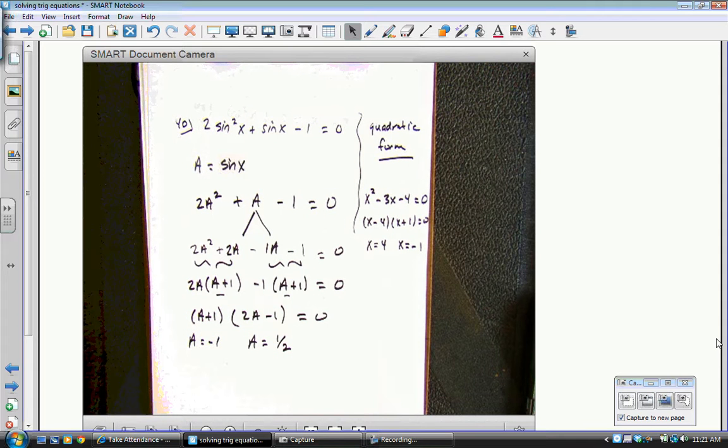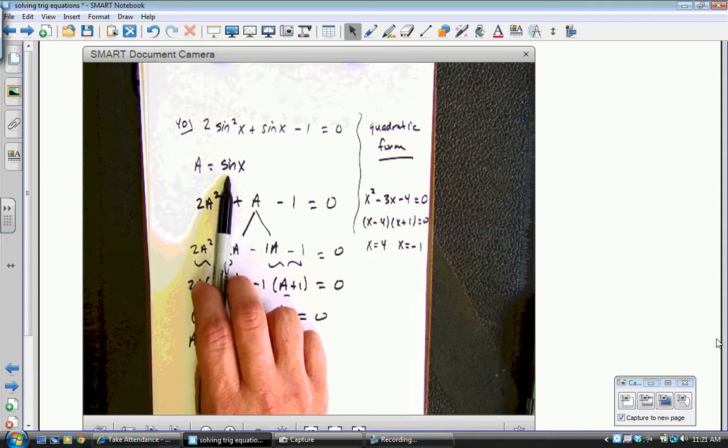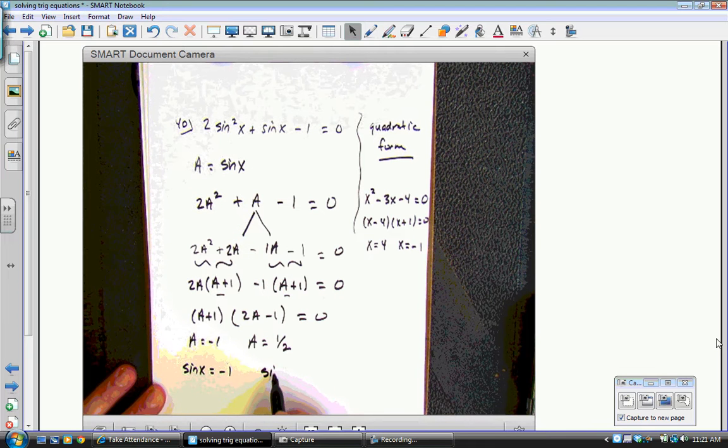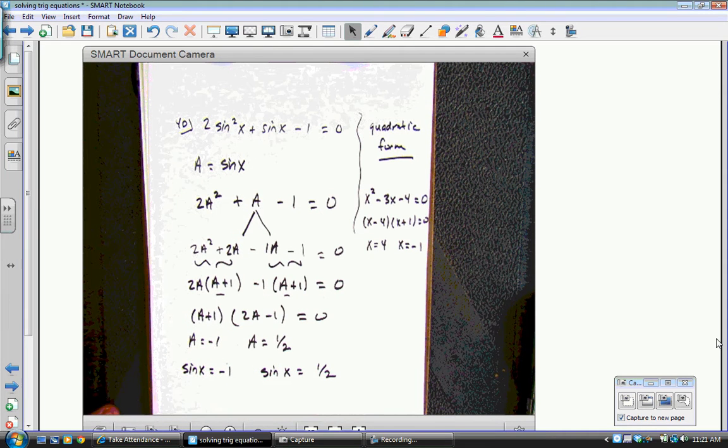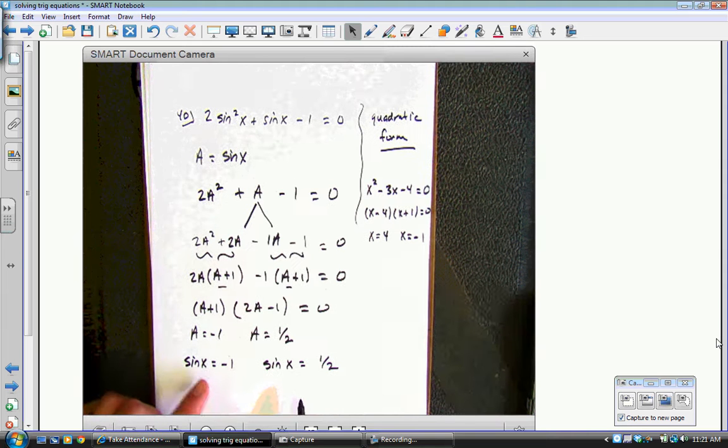Now, that's the algebra form of it. Now we've got to go back and solve the trig form. So what was a? Sine x. So we get sine x equals negative 1 and sine x equals 1/2. Now notice what they don't have on these that makes them real nice. They don't have coefficients on x, do they?